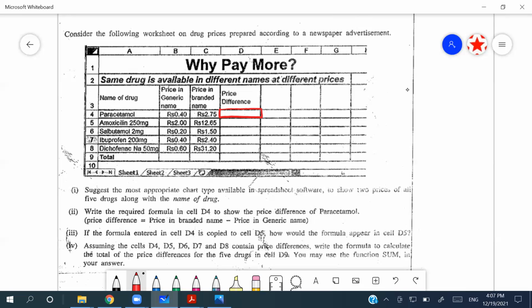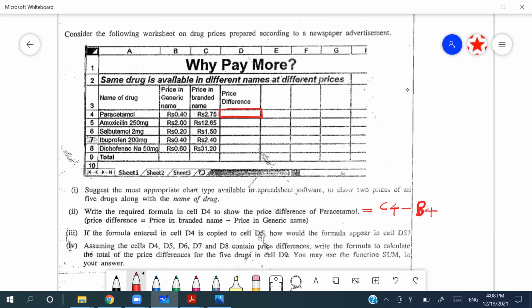So it's going to be equals, not the B actually, it's going to be the C first because column C has bigger values. C4 minus B4. Right, C4 minus B4.